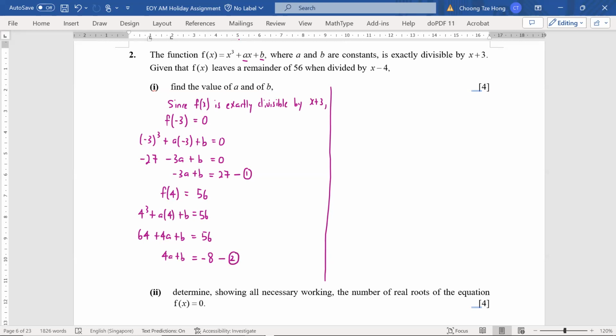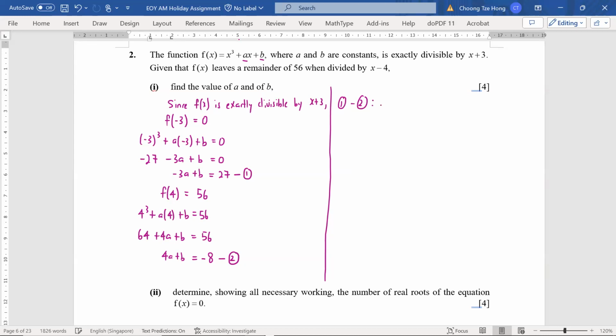Okay, so you see that equation 1 has a plus b. Equation 2 also has a plus b. So this means that we can subtract equation 2 from equation 1. And that will allow us to get rid of b. Okay, so over here we are using the elimination method. So equation 1 minus equation 2.